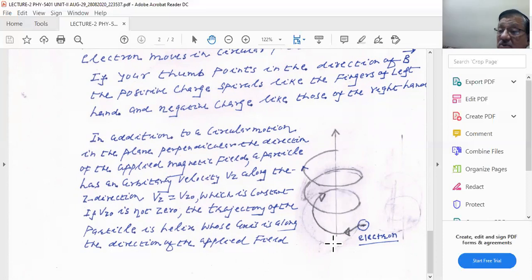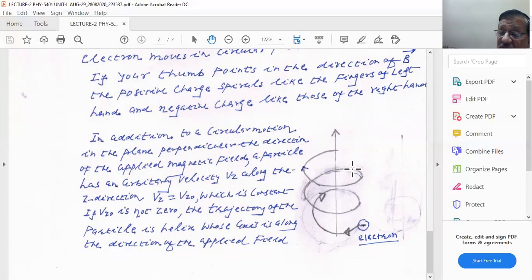But in addition to the x component and y component, I said that the particle is projected in such a manner that it possesses a z component of velocity. And in addition to the motion of gyration, there is a linear motion of the particle. So because of the z component of the particle velocity, the trajectory of the particle is a helical path.